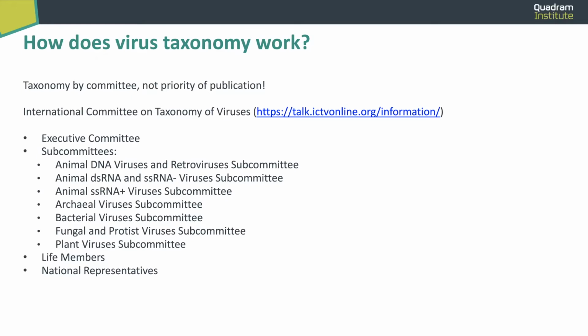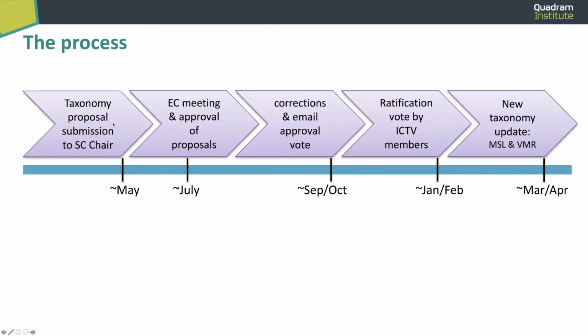What's the process? People, whether they're members of the ICTV or members of the public, submit their taxonomy proposal to the subcommittee chair. Then the subcommittee chair compiles everything, maybe provides some feedback to update it. And then all of these proposals get submitted to the executive committee. The executive committee reads everything and then approves proposals or rejects or suggests corrections.